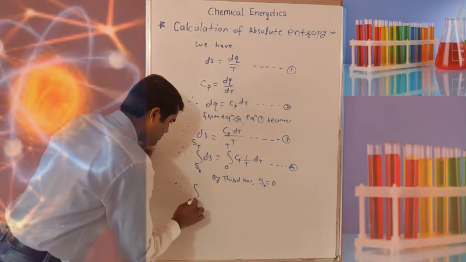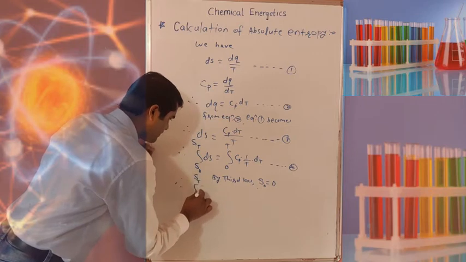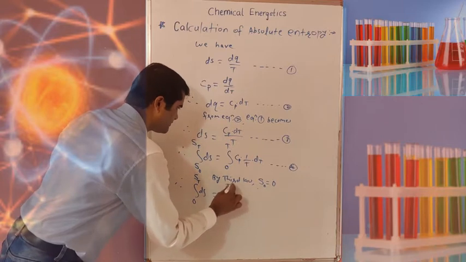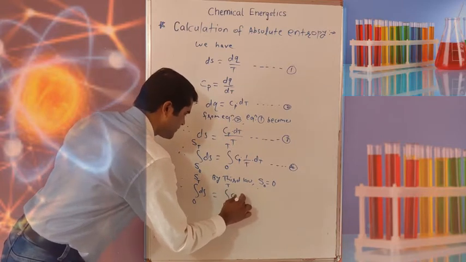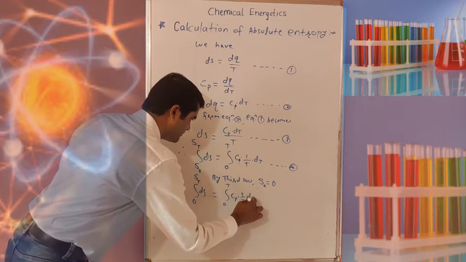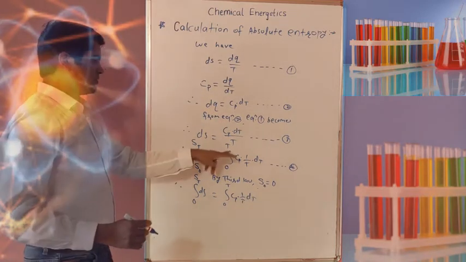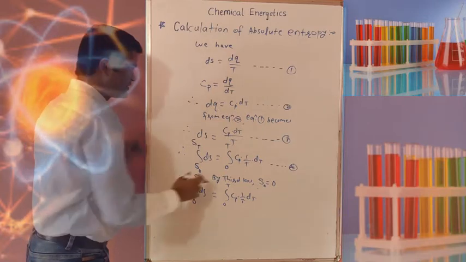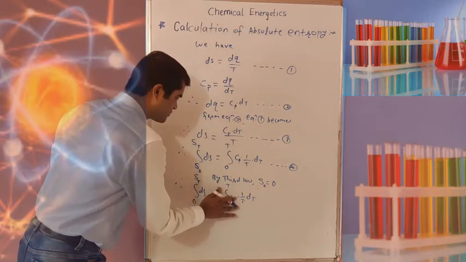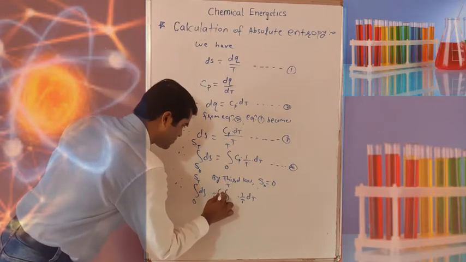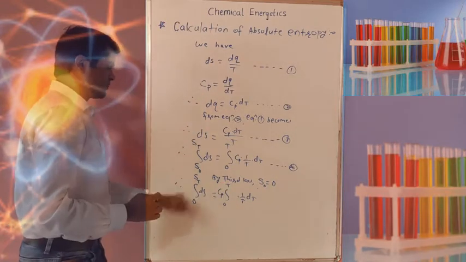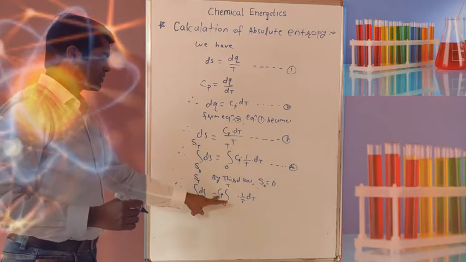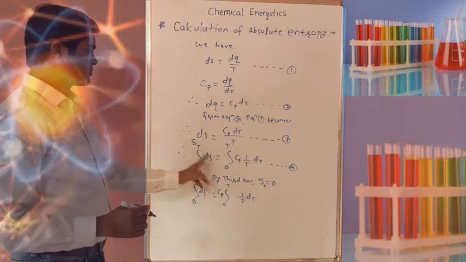Therefore we can write the integral from 0 to ST of dS is equal to the integral from 0 to T of Cp 1 upon T dT. If Cp, the heat capacity, is constant, we can take it outside the integration.